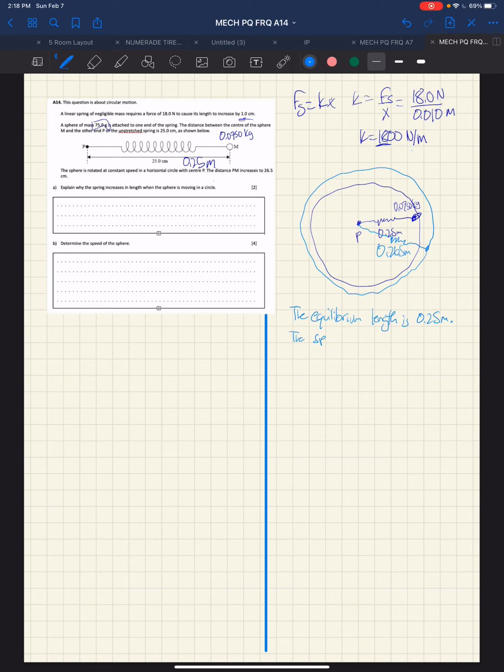The sphere is accelerating because its direction is continuously changing.